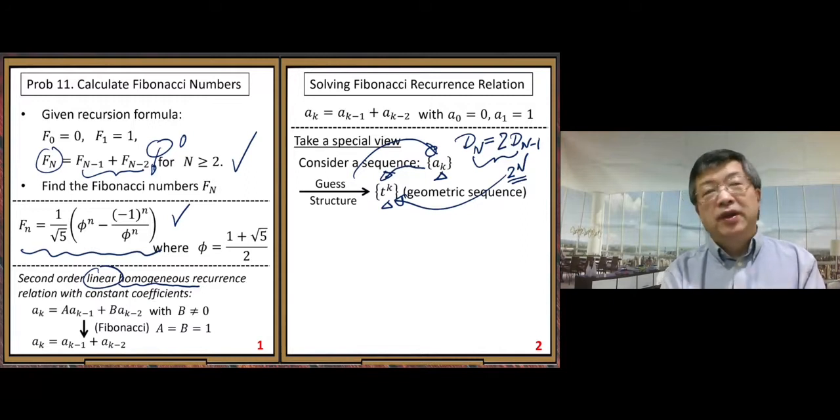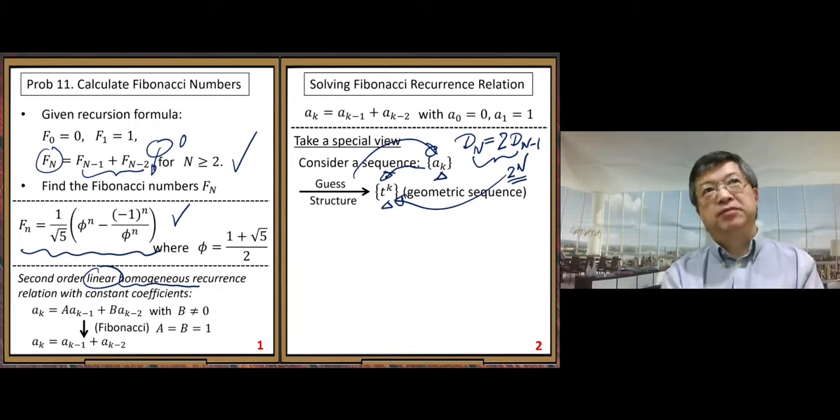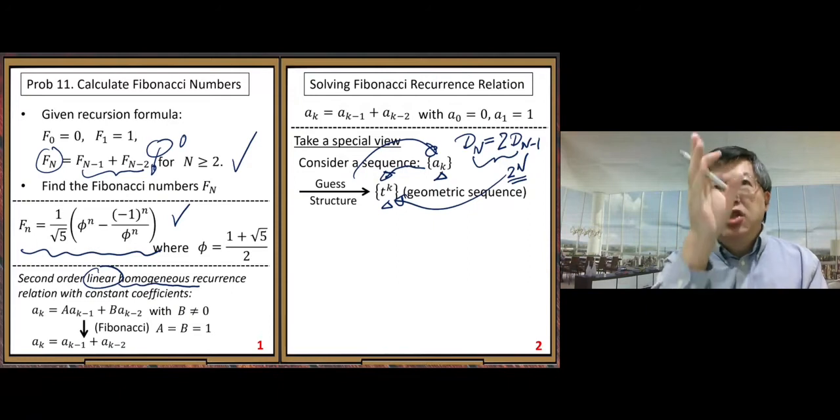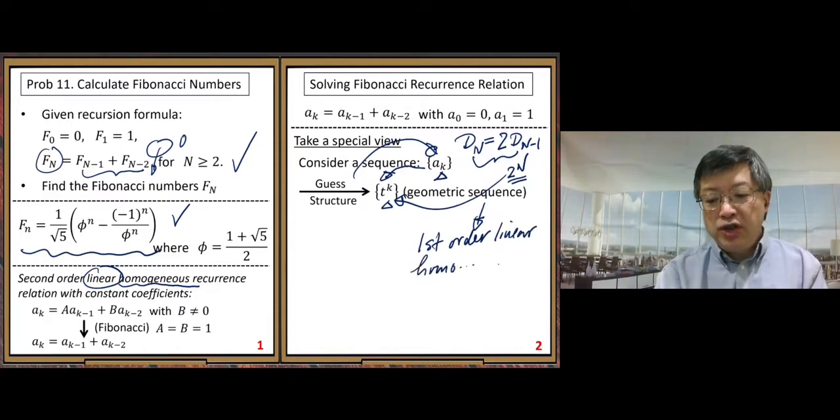So at least the solution format of the first order linear homogeneous recurrence relation gives us some hint, because the geometric sequence is the right structure for the first order linear homogeneous recurrence relation, right?